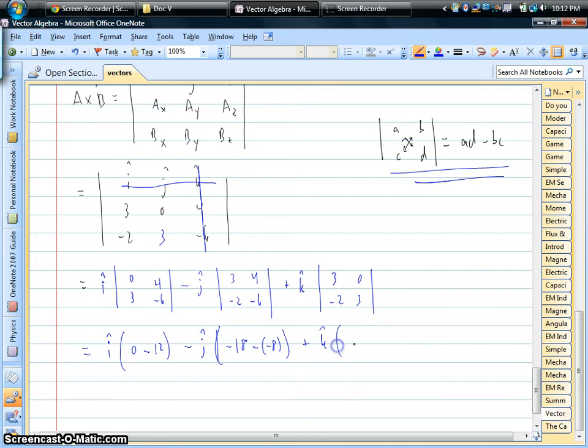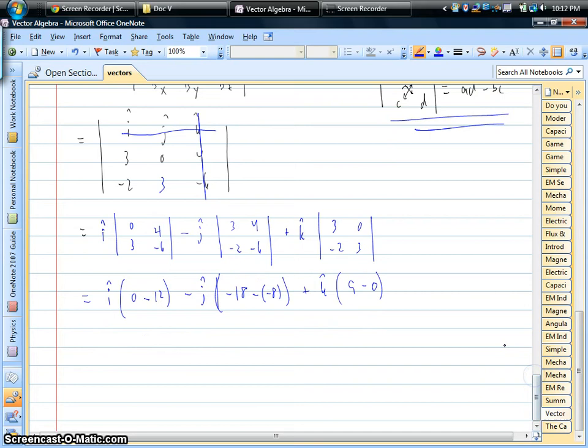And our z component, 3 times 3 is 9, -2 times 0 is 0. And we're going to have an answer here. -12 is your x component. -18 plus 8 is a -10, but we have that minus sign, so it's plus 10j. And the z component is 9.